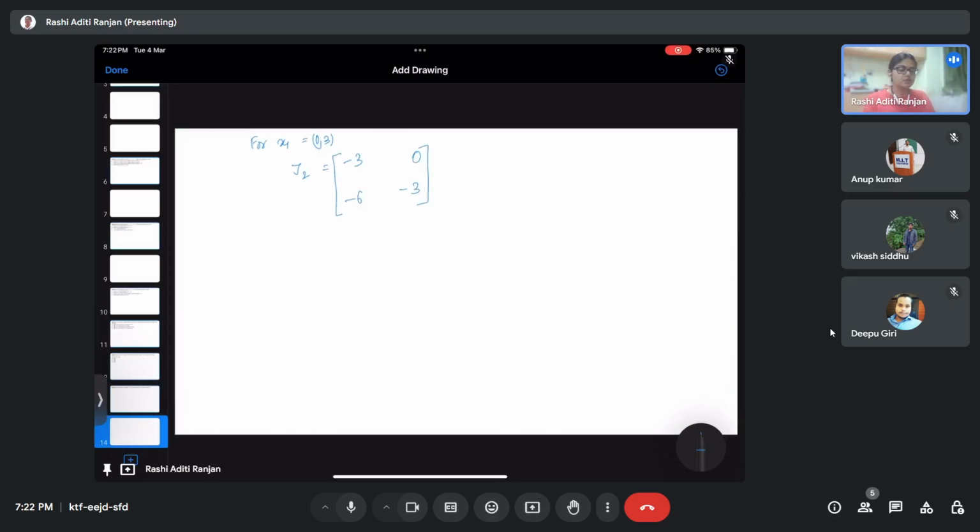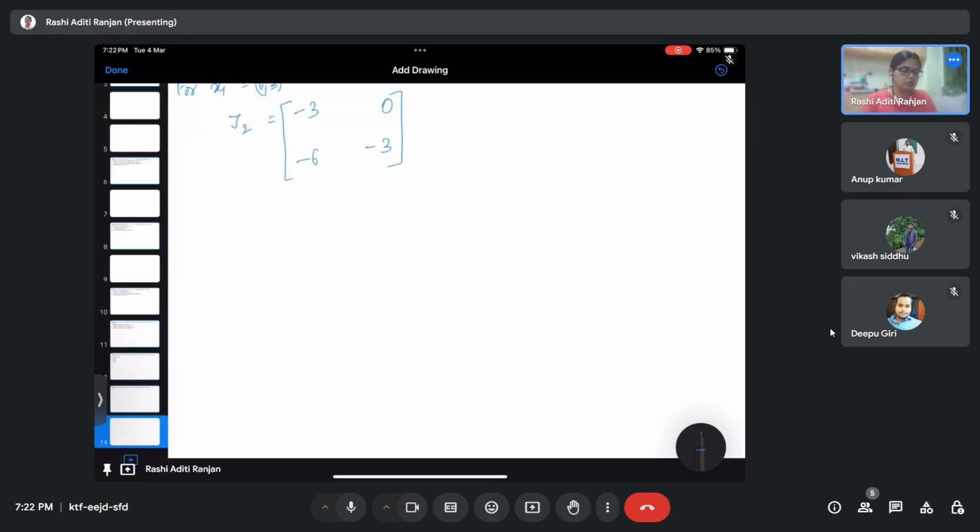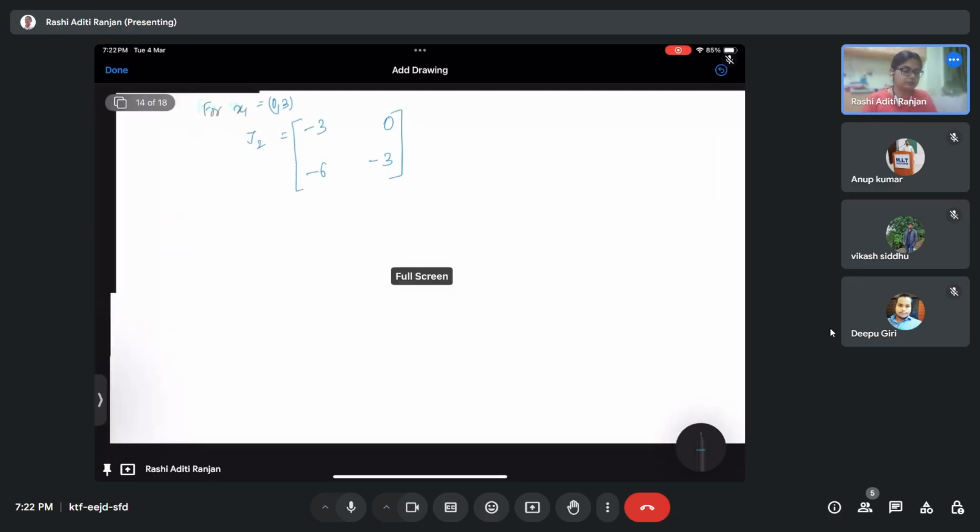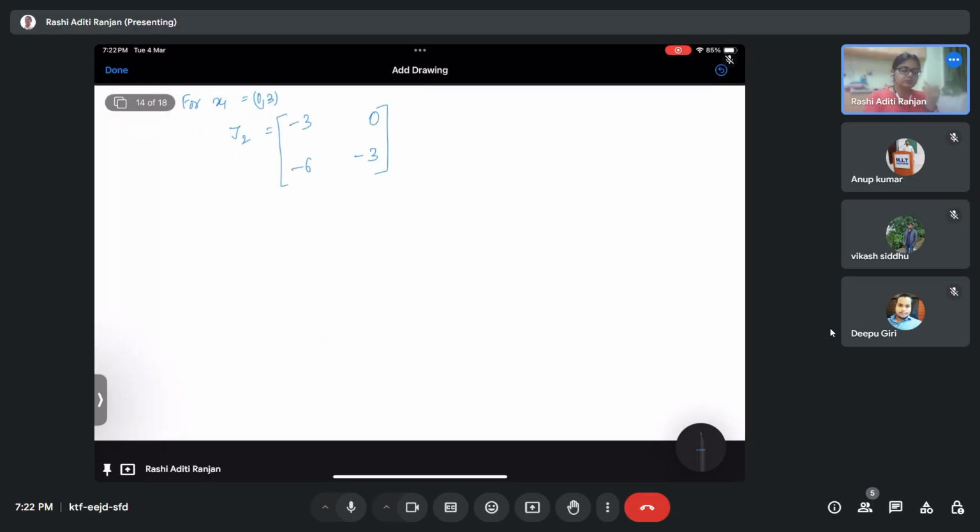This is going to be my Jacobian. Now if I want to find the eigenvalues, it is the determinant of minus 3 minus lambda, 0, minus 6, minus 3 minus lambda.